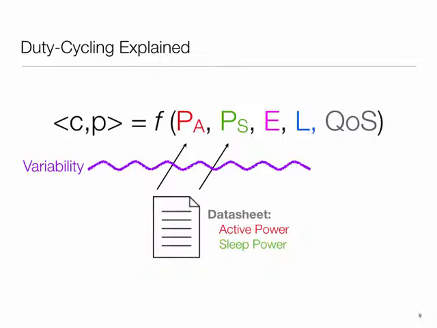So now what ends up happening in a system like this is that usually application quality of service requirements are going to be given to you. PA, PS, namely the active power and sleep mode power, are going to relate to your particular hardware platform. E is the battery with its non-idealities and all.